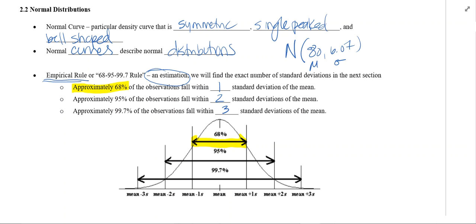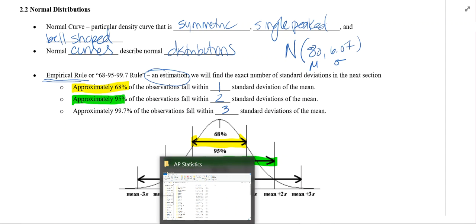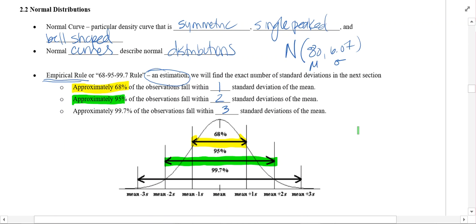Very similar to the other ones. 95%, again, we're anchored in the middle, so we go out from the middle in each direction. And the last one is almost everything, not quite, it's 0.3% left over, and it stretches 3 standard deviations in each direction. That's your 99.7.